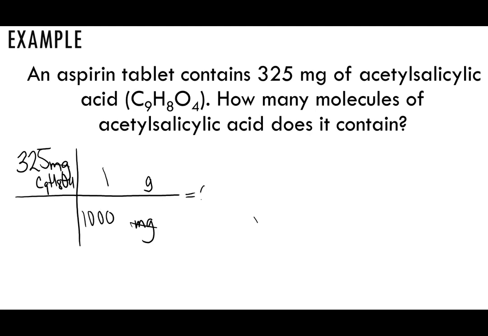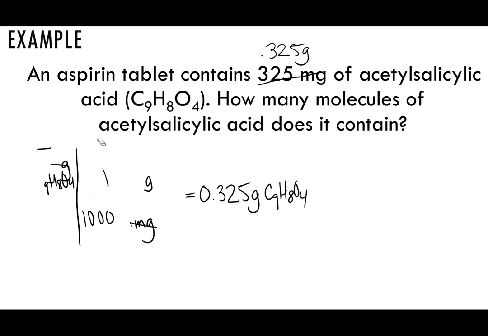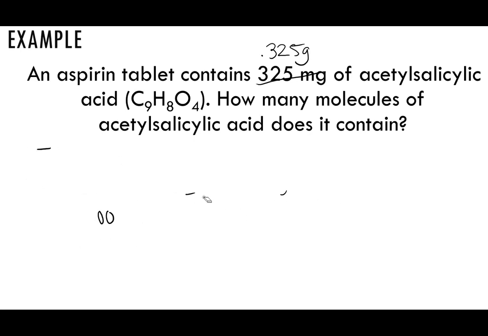So we've got 0.325 grams of this guy. Okay, so just a quick unit conversion here. Just to save space, I'm just going to cross that out and put 0.325 grams. That way I can remain on this slide with you.